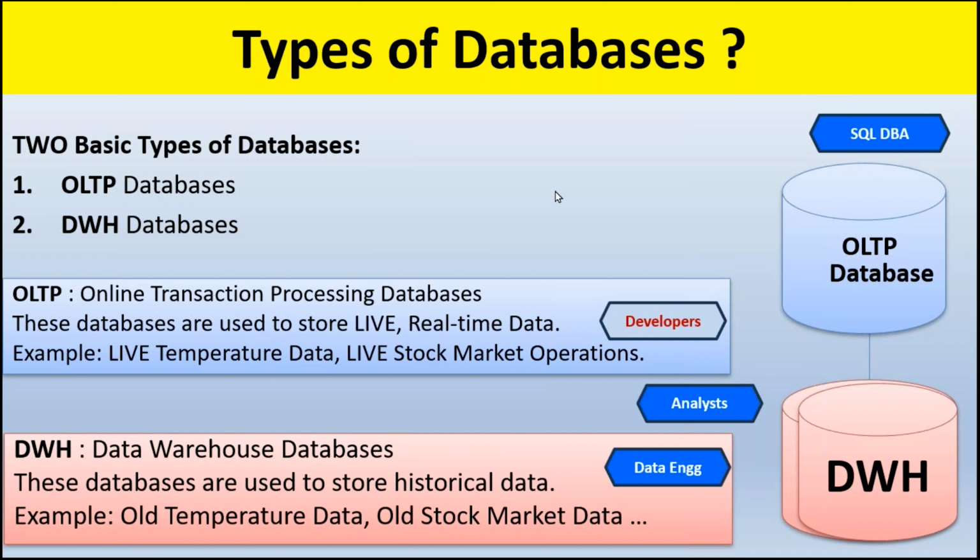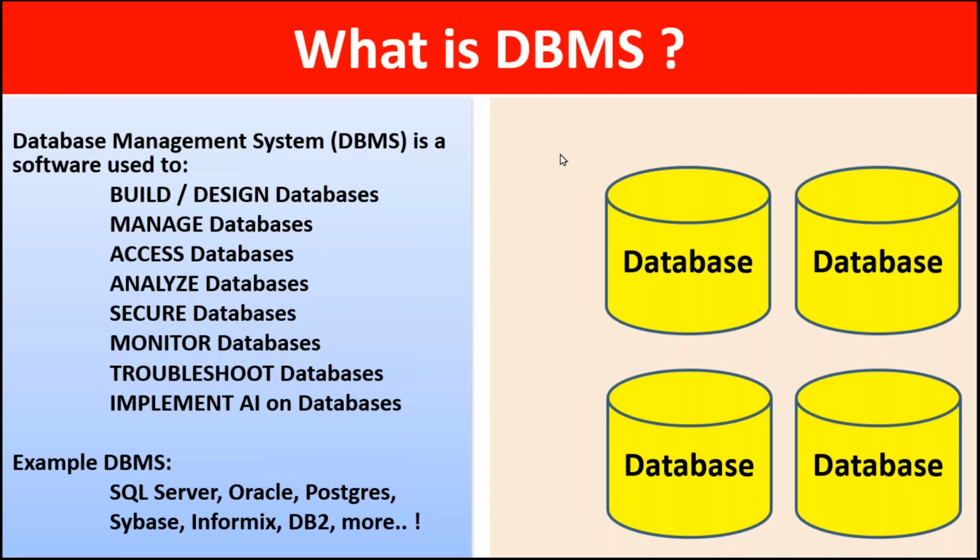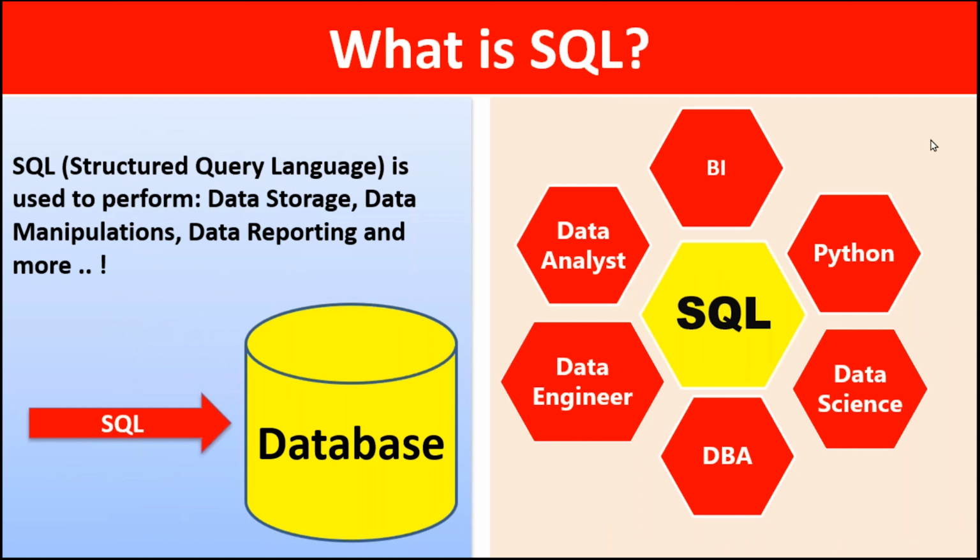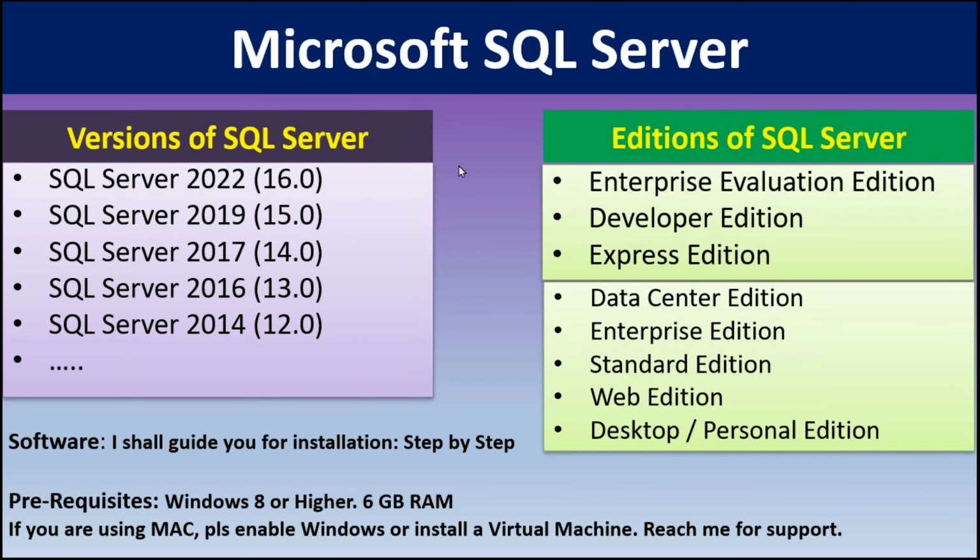This is the first keyword, database. Second keyword we learned, DBMS. It is a software to store, manage, maintain, troubleshoot databases. But how do we do that? The third item, SQL. Now, how to implement SQL? By using one DBMS software called SQL Server.